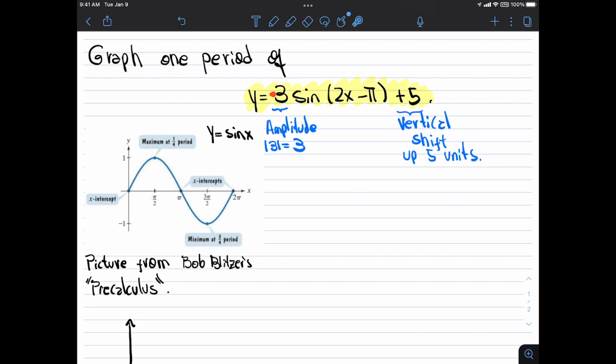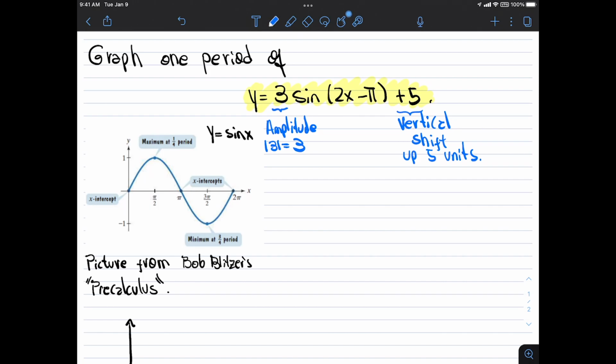If that were minus 3, the amplitude would still be 3 because of the absolute value of minus 3. What does that mean? Well, that means that this length over here, rather than being 1, will be 3. So my function is going to be stretched vertically. So this is a vertical stretch by 3 units.